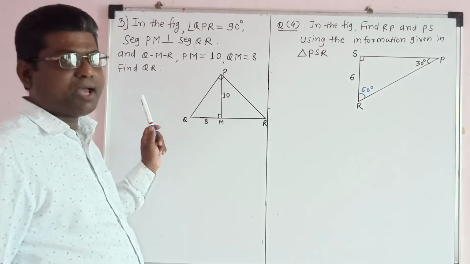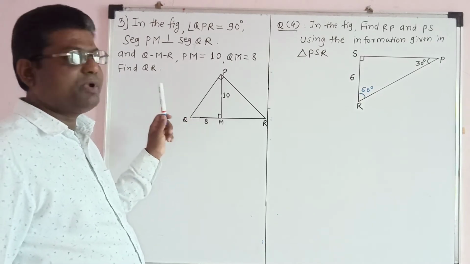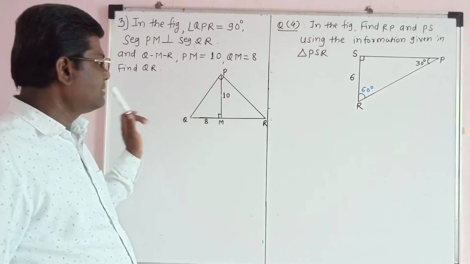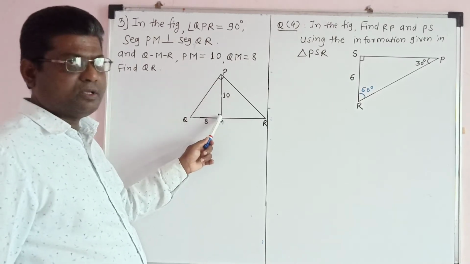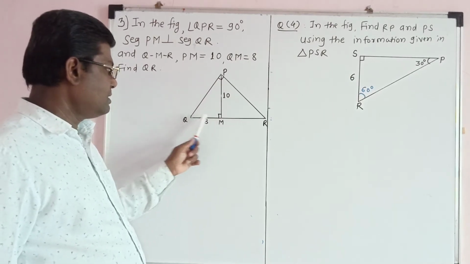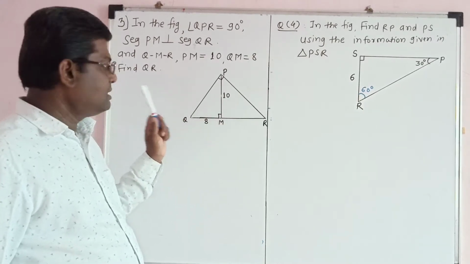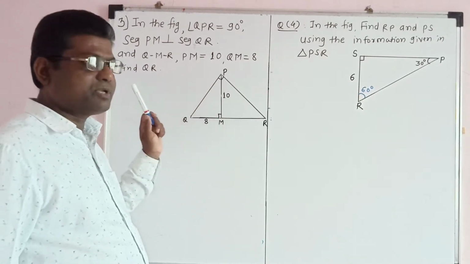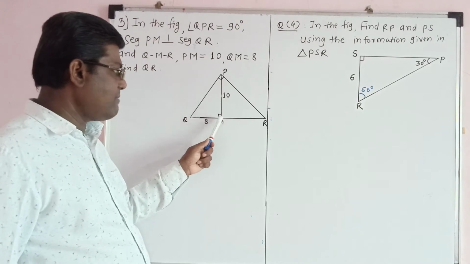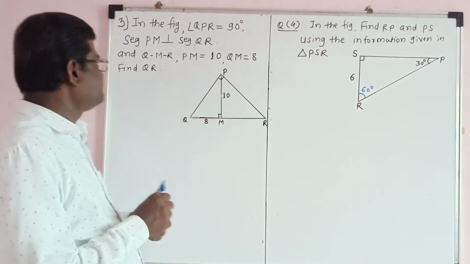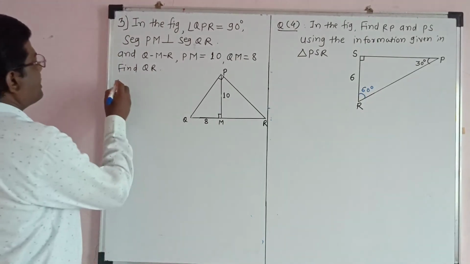Therefore we can apply the theorem of geometric mean for this triangle. So PM is the geometric mean of QM and MR. Therefore PM square is equal to QM into MR. So let's solve this example.